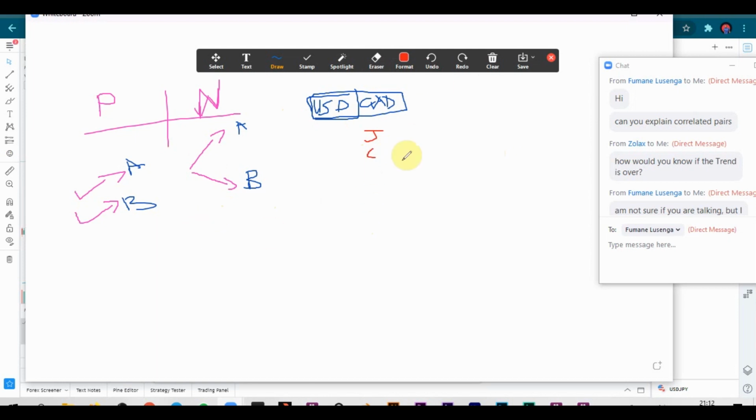Let's say this is GBP, this is AUD, né? All of them are paired with the USD. Let's say you find that here it's an uptrend, né? USD is going up, here USD is going up, here USD is going up, here USD is going down, and here again USD is going down. So we have three pairs where the dollar is going up, and two of them where the dollar is going down.